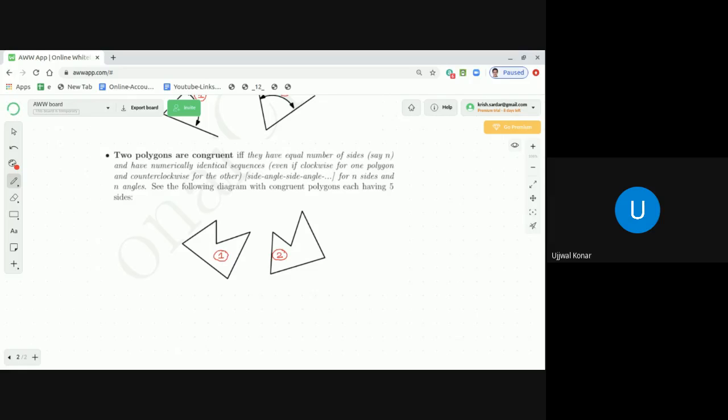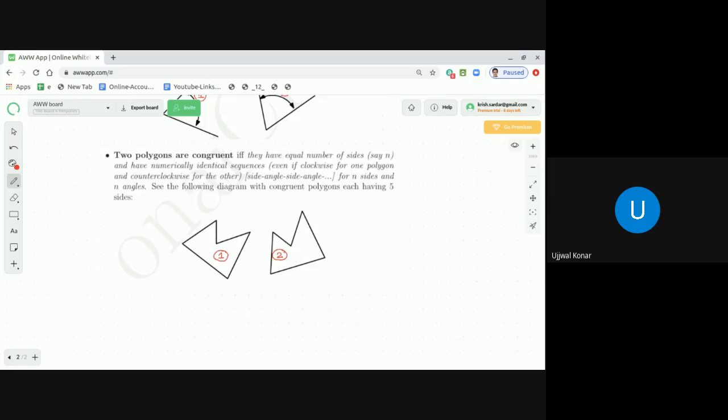So two polygons are congruent if they have an equal number of sides, suppose n, and have a numerically identical sequence, even if clockwise for one polygon and counterclockwise for the other. That is, side and angle for n sides and n angles. If you look at the diagram as I just explained, these two are congruent polygons.